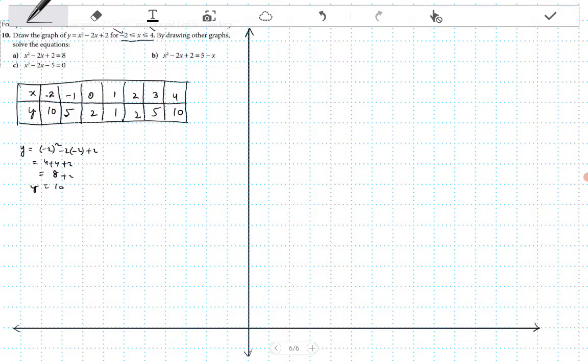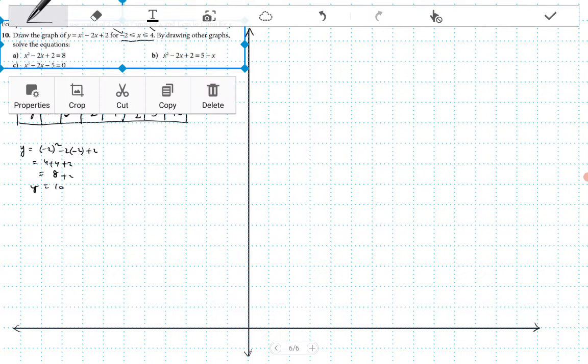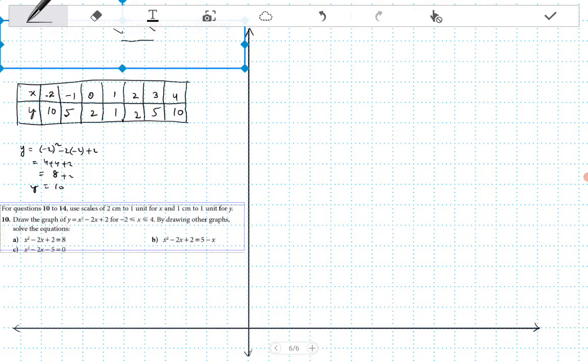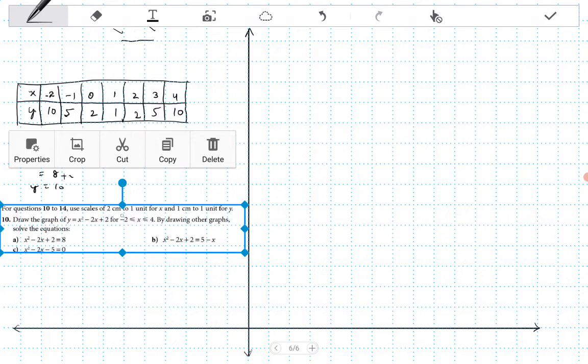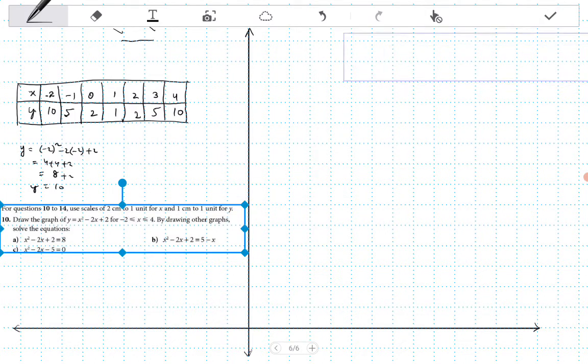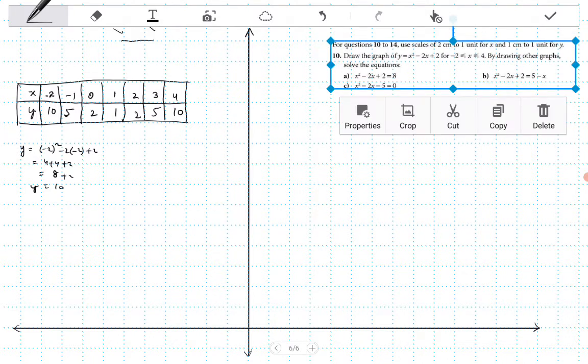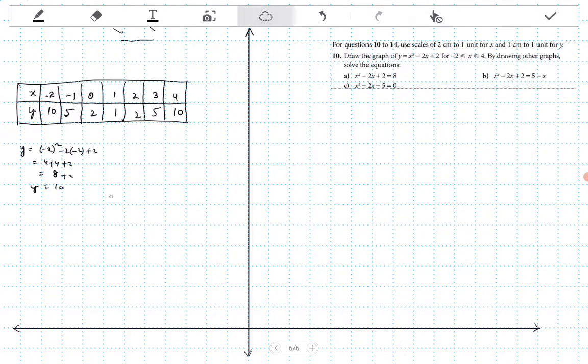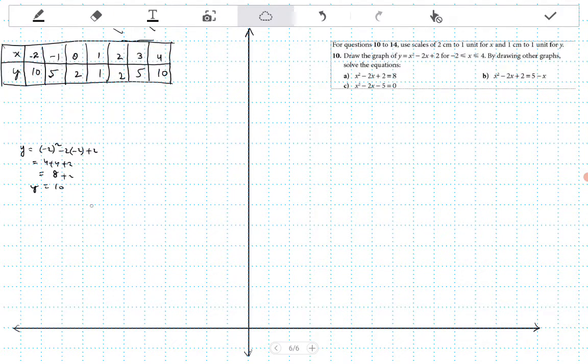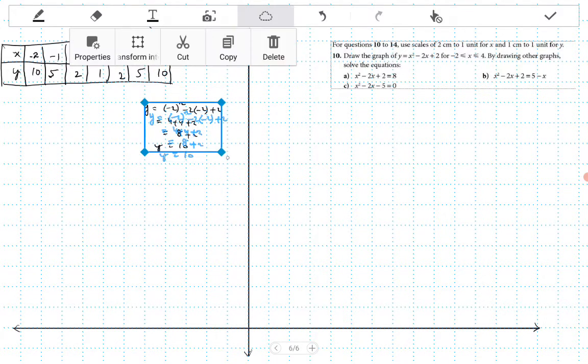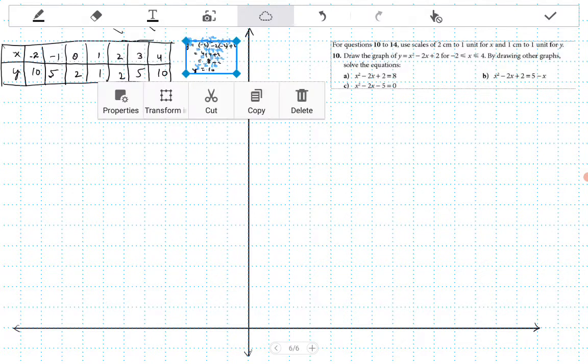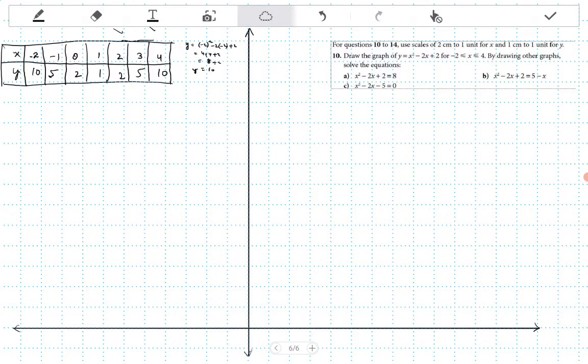For these questions you can see this information is here: 2 centimeters to 1 unit for the x-axis and 1 centimeter to 1 unit for the y-axis. Now I'm just going to plot all these points here.